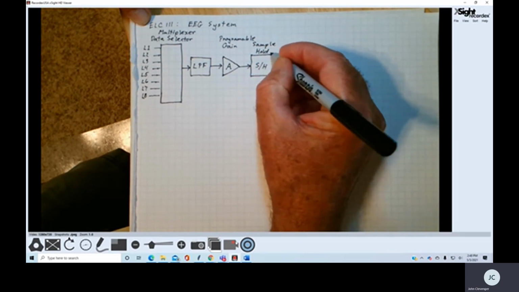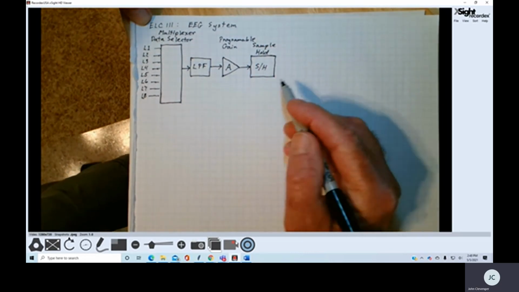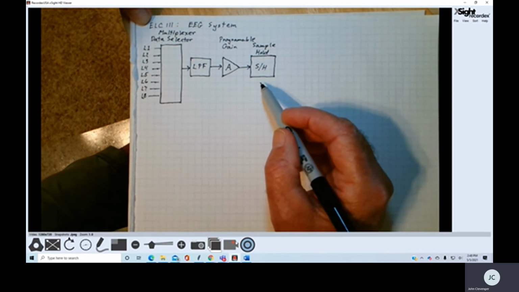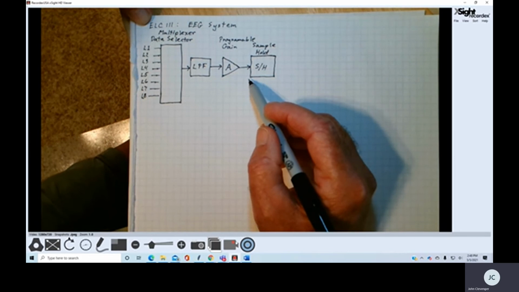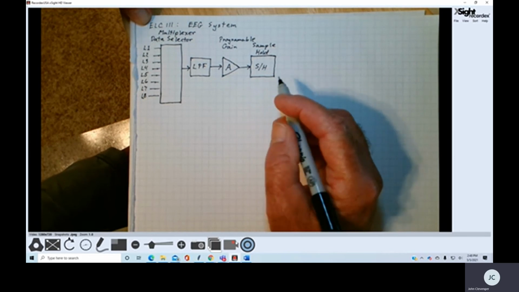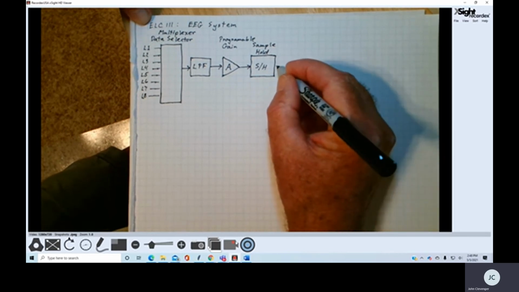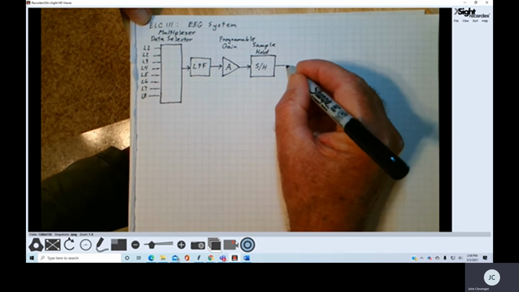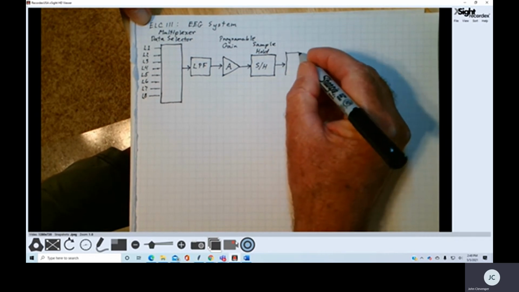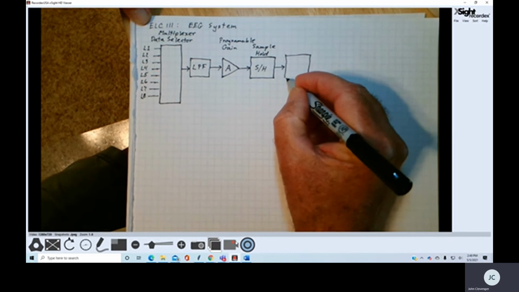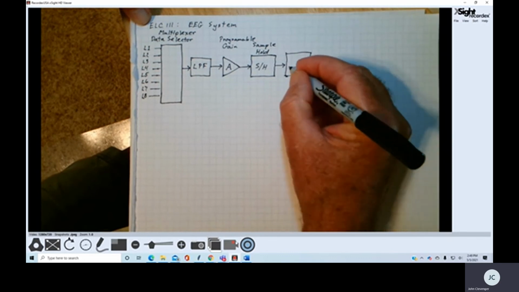And again, we'll talk about this in greater detail in a few moments. As the name implies, the purpose of this block is to sample the analog input voltage and hold it for a particular period of time. And the output of the sample and hold circuit is going to go into our analog to digital converter.